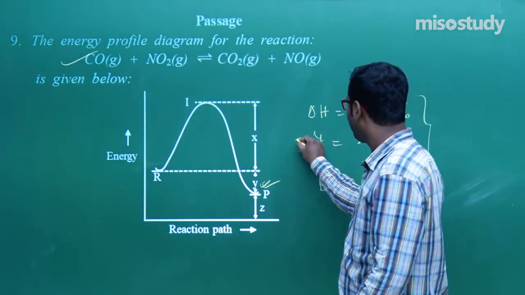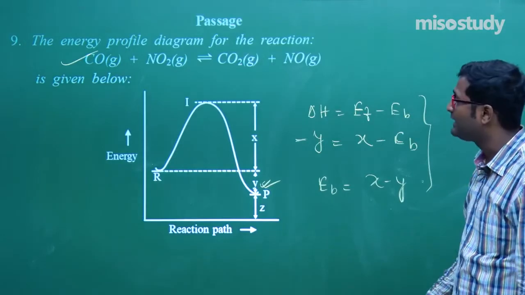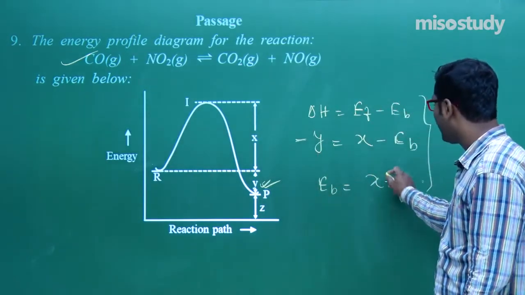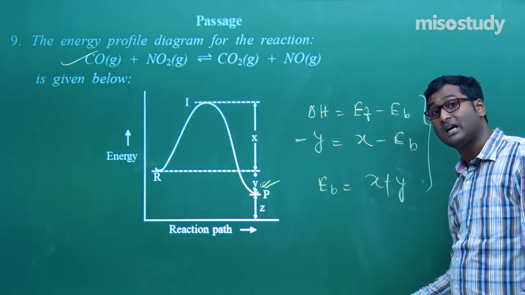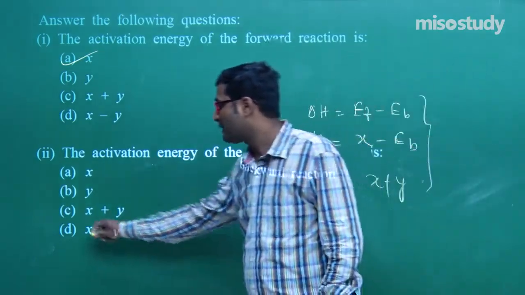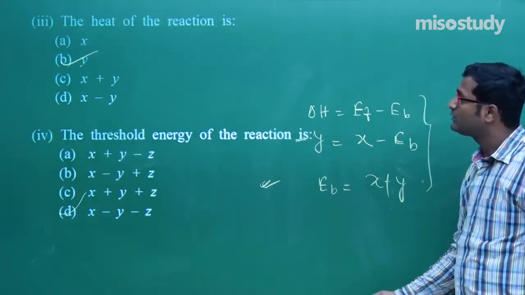So put a minus sign here. Sometimes you make a mistake. This is the exothermic reaction. Clear to you? So EB is not X minus Y. It will be equal to X plus Y. So be careful when solving such questions. The answer is not X minus Y, that is X plus Y. Now, let's move to the next one.